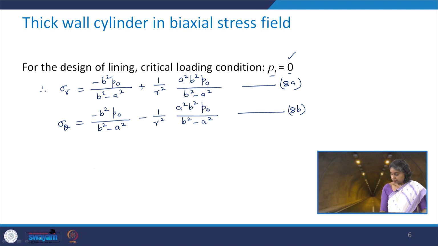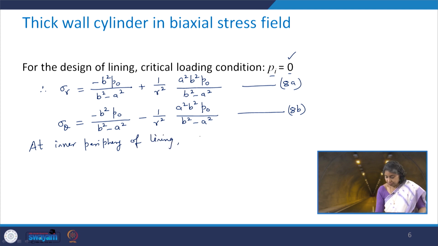Now, what happens at the inner periphery of the lining? What will be the value of r? This will be a.